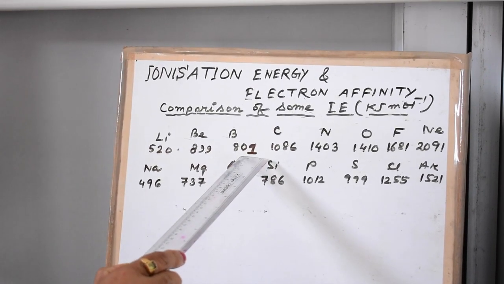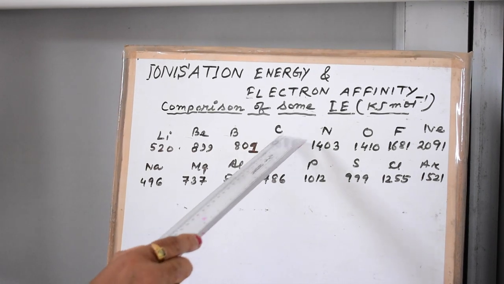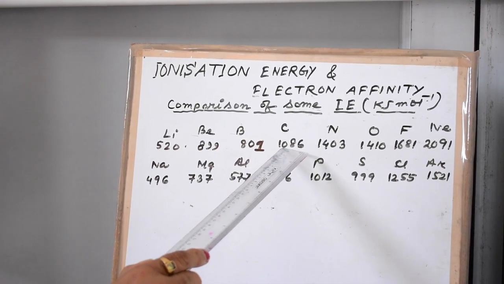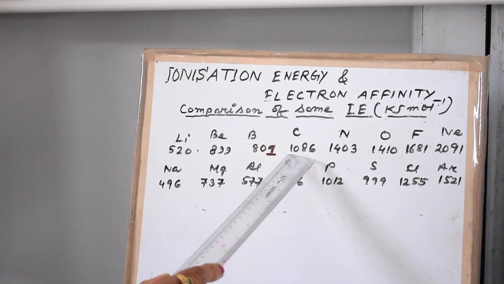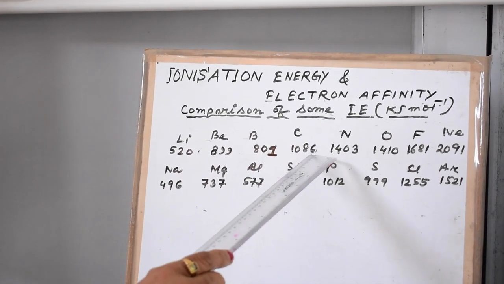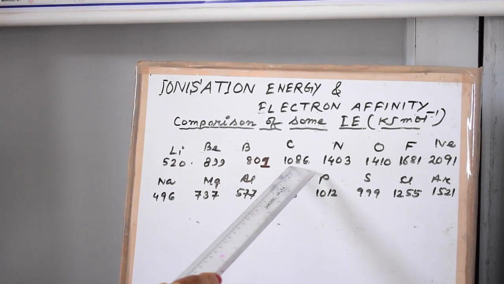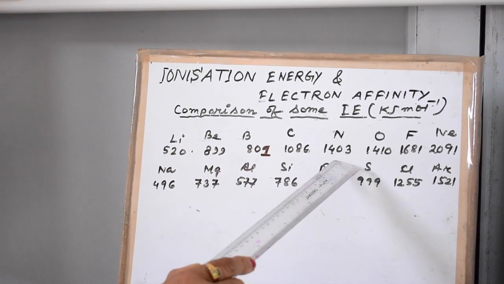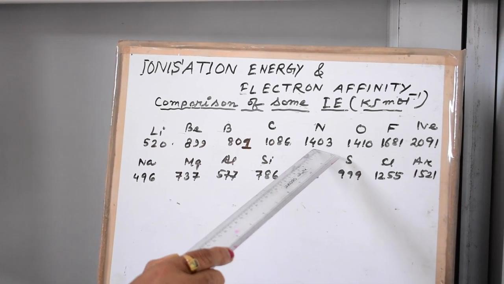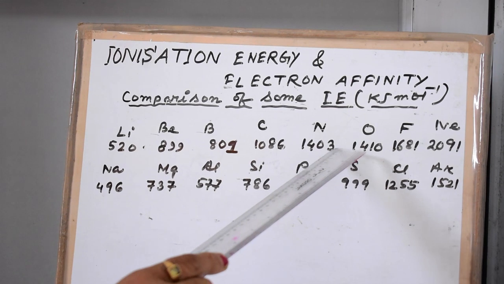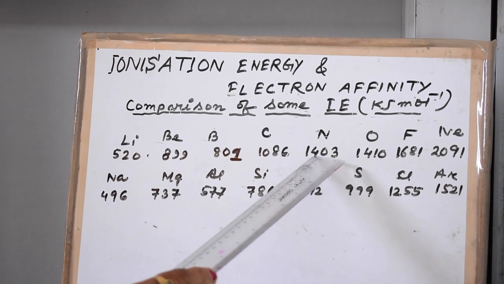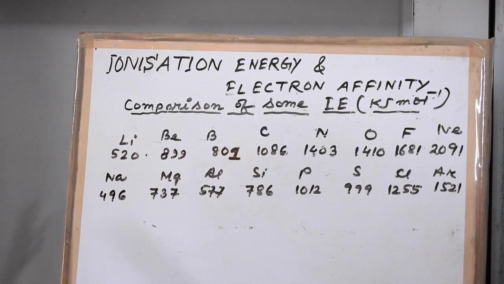p orbital. Again, carbon has a higher ionization energy value than boron, because here the size decreases from left to right. Again, in the case of nitrogen, the value is 1403. Here the ionization energy is more than carbon due to the half-filled shell.